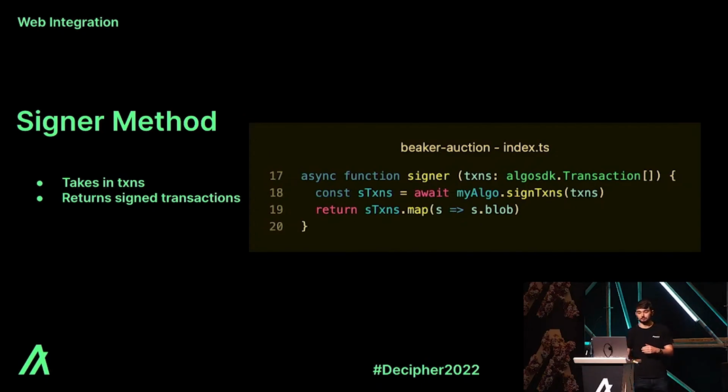So here we have this myalgo.signTransactions function, which is basically a wrapper around the native myalgo APIs, and then we're using that to actually sign the transactions, and then we're returning the signed transactions. All Beaker is expecting is a function that takes in transactions and returns those signed transactions. How you get from transactions to signed transactions doesn't matter to Beaker. That's why we can just write our own function that calls out to myalgo to sign those transactions.